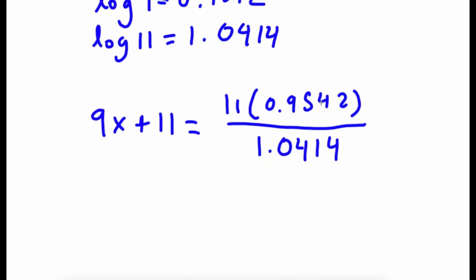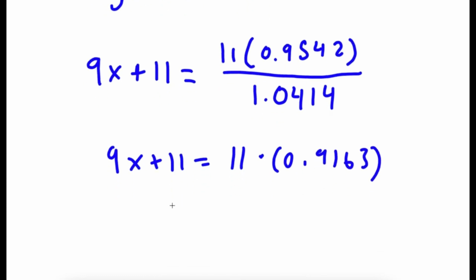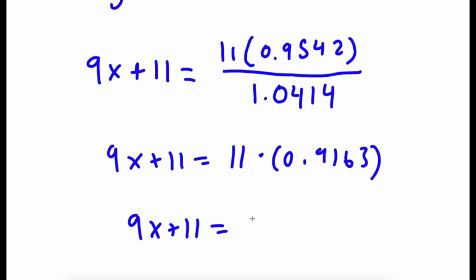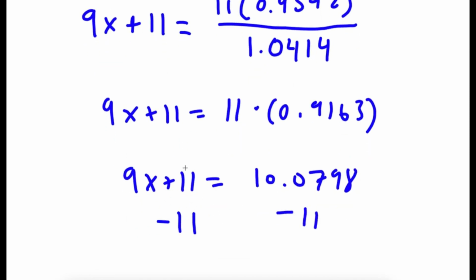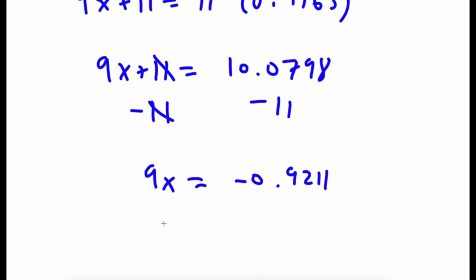Now 0.9542 over 1.0414 is going to equal 0.9163, so 11 times 0.9163, which is equal to 9x plus 11 is equal to 10.0789. So I have this minus 11. So now I have 9x is equal to negative 0.9211, meaning x is equal to negative 0.1023.